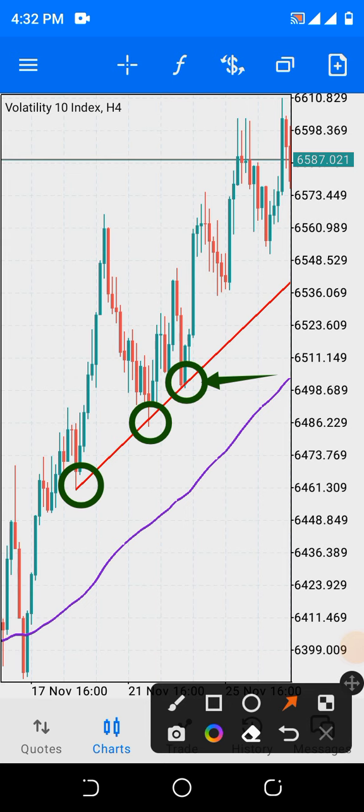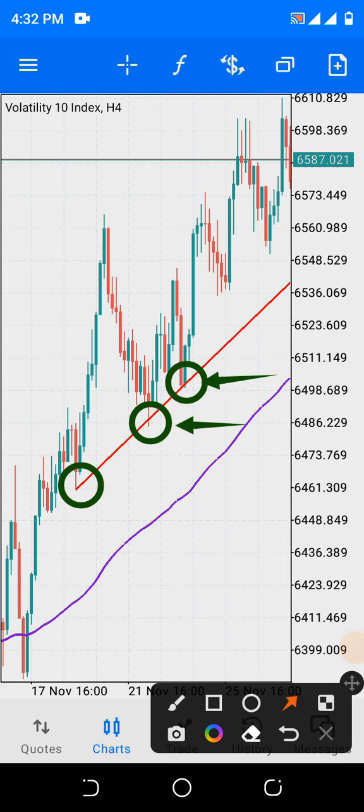The best way to put your stop loss is to position it at the previous higher low. Do you understand? That is the accurate way of placing a stop loss in an uptrending market.